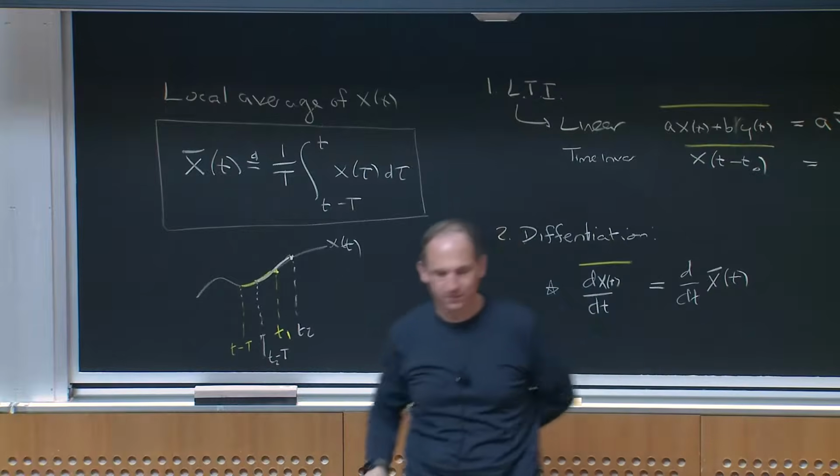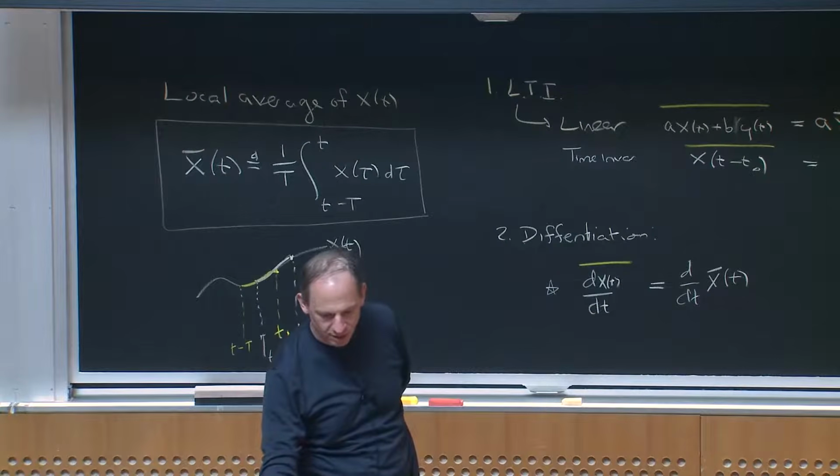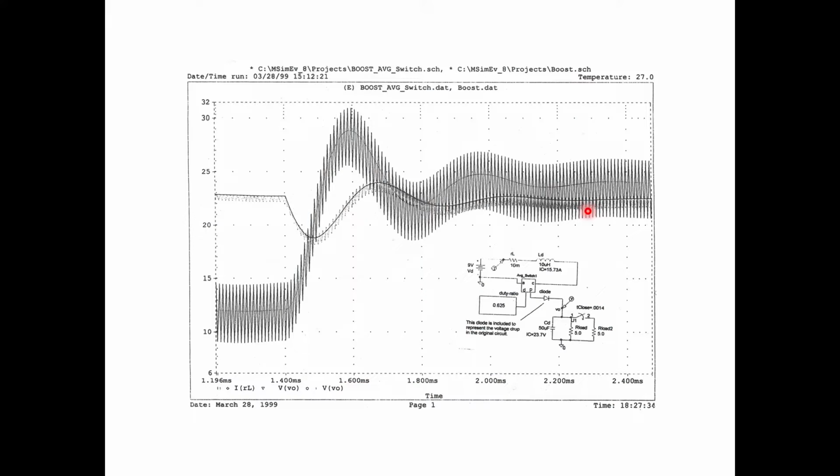Does that make sense, everybody? Let's take a look at what happens if I do that. This is a simulation of this exact circuit, for the same transient, except that I'm simulating the little box that says average model. There is a diode there, just providing a constant drop, because my approximate models didn't include constant diode drops. So that diode is not doing any switching; it's providing a constant DC offset.